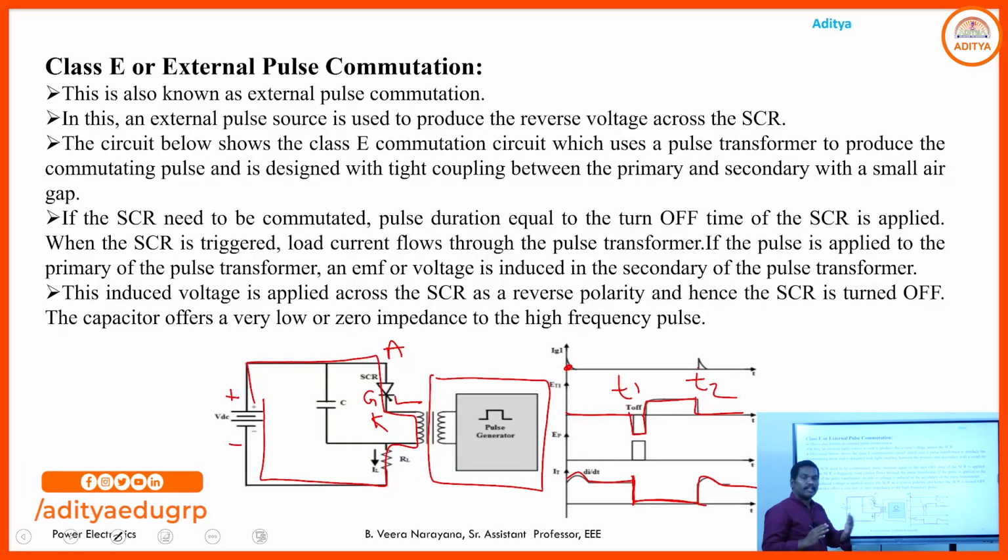If you want to turn off that SCR, we need to provide the negative voltage across gate and cathode terminals by using this external pulse generator, and once the SCR comes to the off state, again if you want to turn on, we provide the gate pulse. By periodically turning this SCR on and off, we are able to control the voltage in the circuit.